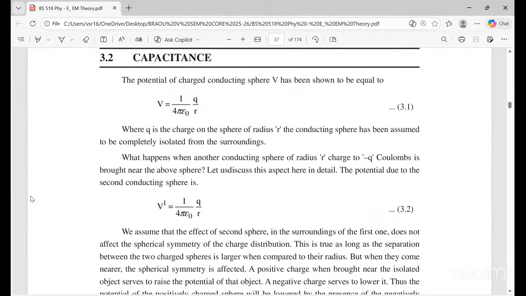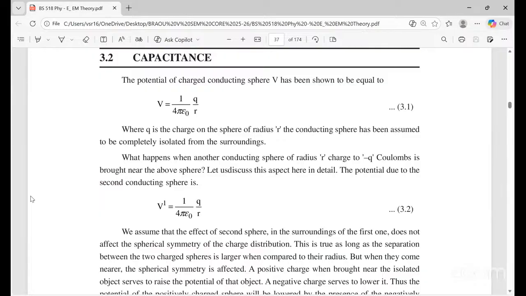The potential of the charged conducting sphere, V, is denoted here as 1 by 4 pi epsilon naught into Q by R. Another case: if you consider another sphere, one containing a positive and another containing a negative charge, separated by some distance, then to calculate the capacitance you should first calculate the potential.